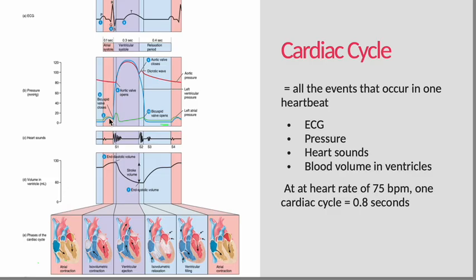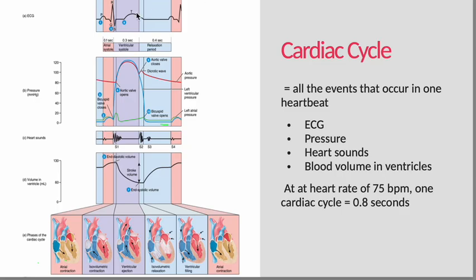So the pressure in the atria is increasing because the muscle is squeezing, and the pressure in the ventricle is increasing because the volume is increasing. Remember, volume and pressure have a direct relationship. If volume increases, pressure is going to increase. So we are increasing volume in the ventricle, which is going to increase the pressure in the ventricle as well.